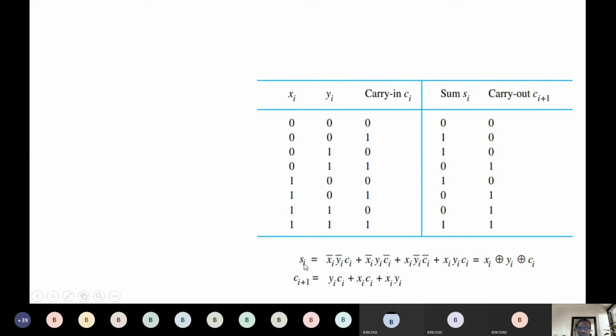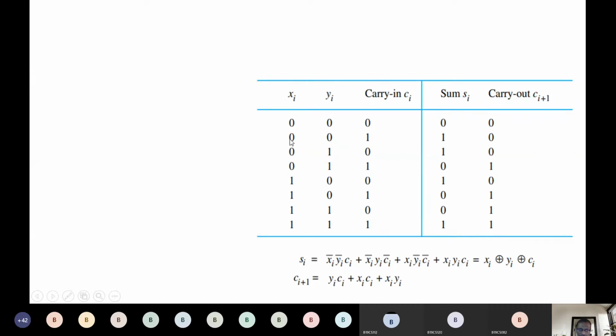So you can see S i. From this truth table, we got this entire expression. Let's see how we got this S i. Here you can see all the 4 zeros, so for this sum, all are zeros. So we can get an expression from this part. Consider when sum is 1.